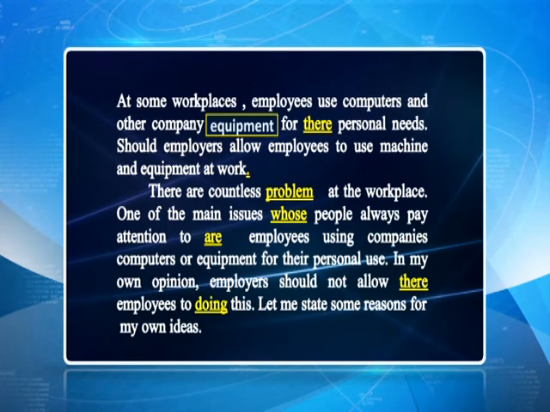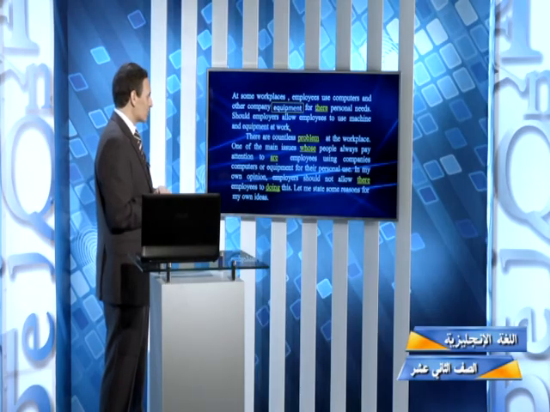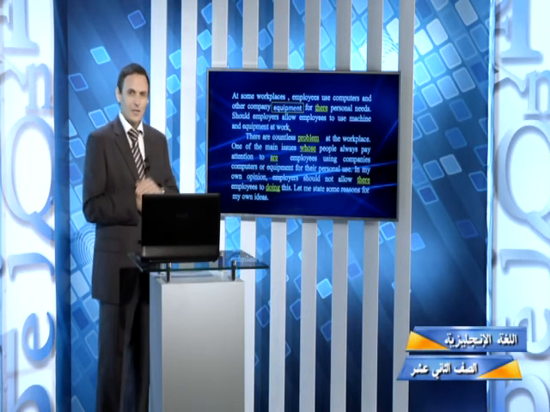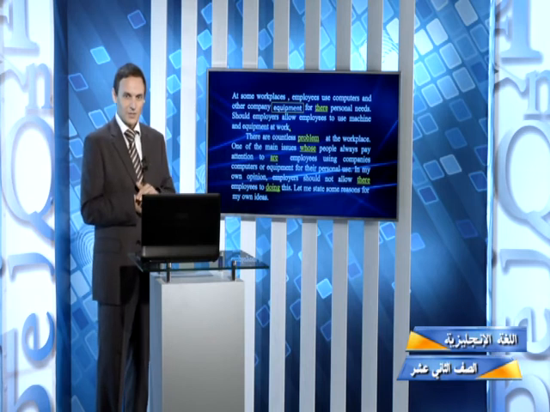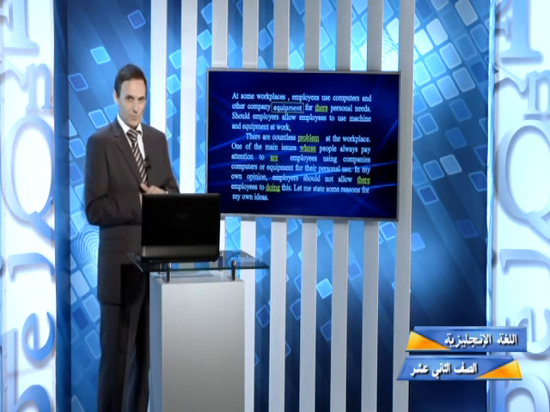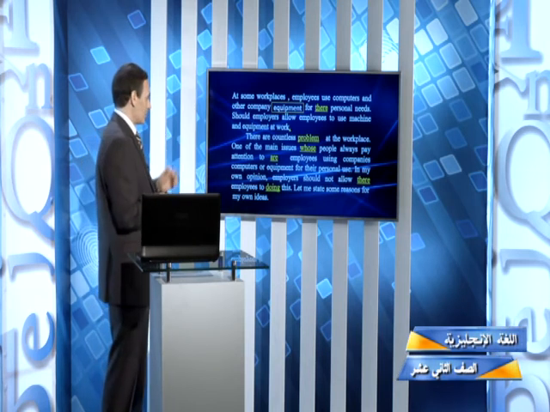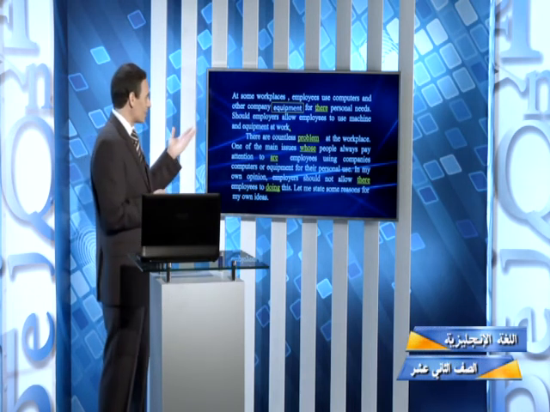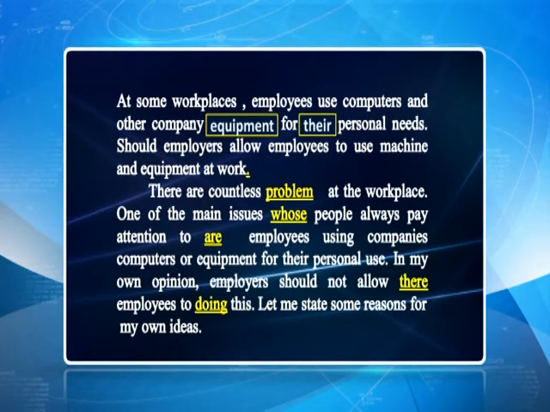Their here is a demonstrative pronoun, like here and there. But what the writer wanted to say, he wanted to say their personal needs. It is a possessive adjective that he wanted to use, or possessive pronoun rather. So the spelling of a possessive pronoun is like so, their personal needs.